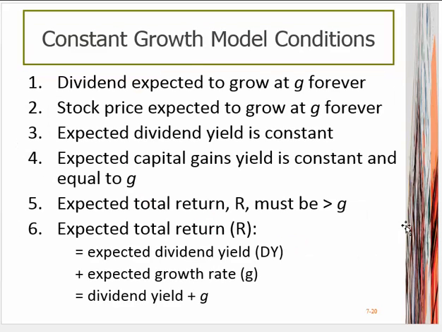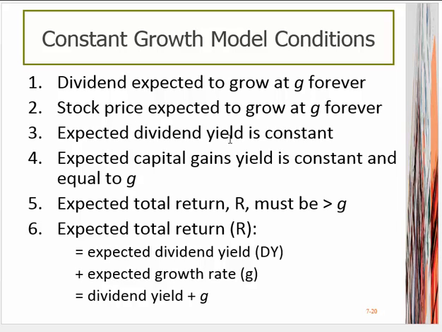So, what do we know about these dividend growth models? First of all, we expect the dividend to grow at that growth rate forever. The stock price is expected to grow at the growth rate forever. So this is an assumption that the stock price is going to be somewhere out in infinity, and that the dividend is going to grow at a constant growth rate to infinity.